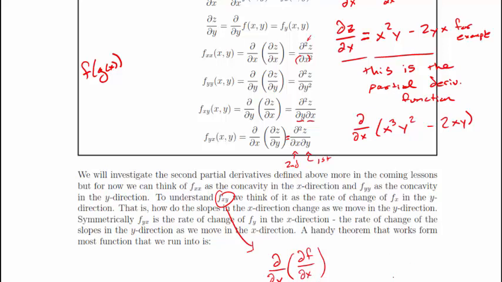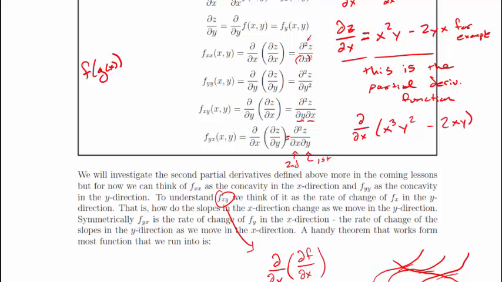So if I have some curve, some surface here, and we have the slope here, then the slope here, then the slope here, and we move then in the y direction along this, we're saying what's the rate of change of these slopes in this way. And then vice versa.